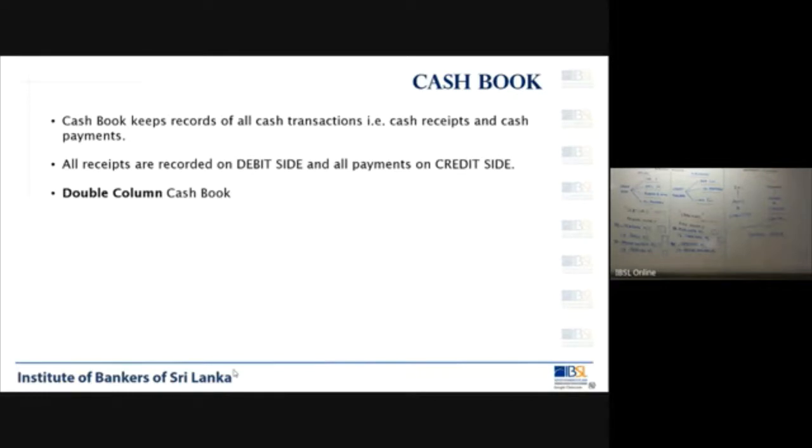So the same cash book is going to be used for the purpose of recording all your cash transactions as well as your bank account transaction. That is why the cash books are generally known as double column cash books. There will be 2 columns on the debit side as well as on the credit side to record transactions from the real cash as well as your bank account. Right?